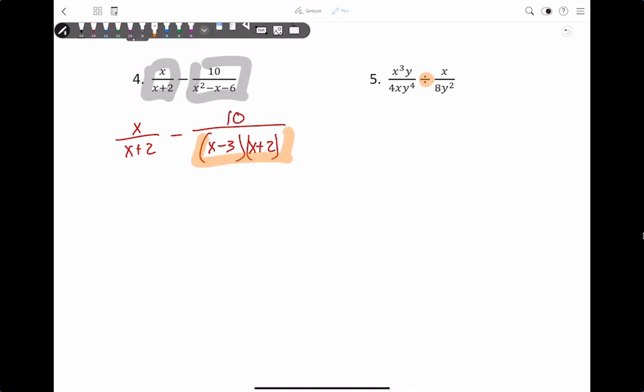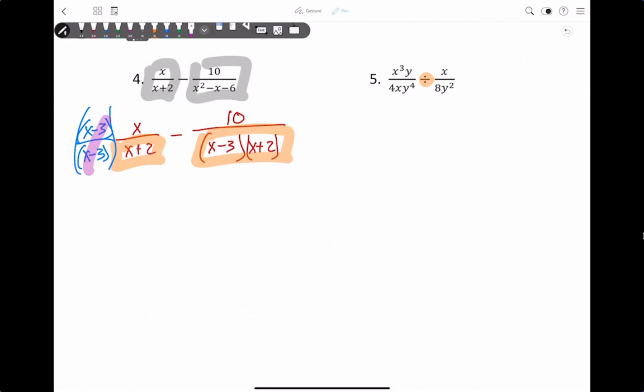Notice that the denominators aren't common yet. We need to multiply by a form of 1 of something on this first fraction that this one has that this one doesn't yet, okay? So we're going to put this x minus 3 over here to make them now common, but I have to do it as a form of 1. Now, a common mistake here is people will try to cancel this out.